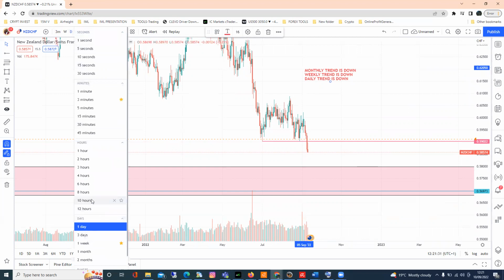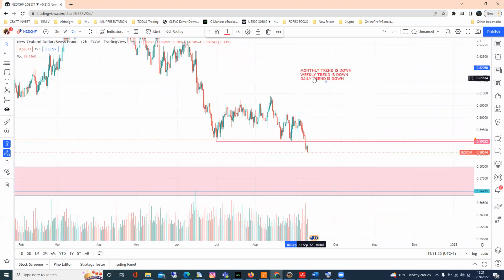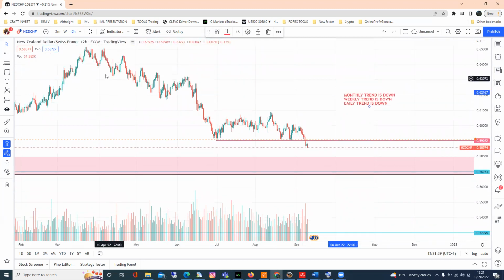So let's quickly look at what then happened on the 12 hours. I like to check the 12 hours for the order delivery. Okay, so as we can see, we've seen severe bearish pressure from this high, low, lower high, lower low, lower high compared to that lower low, lower high, and continuously like that until we have this massive consolidation pattern.